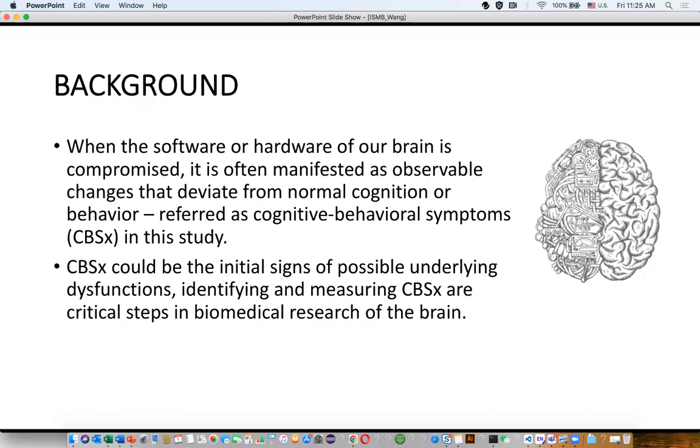So CBSX could be the initial signs of possible underlying dysfunctions, and identifying and measuring CBSX are critical steps in biomedical research of the brain.